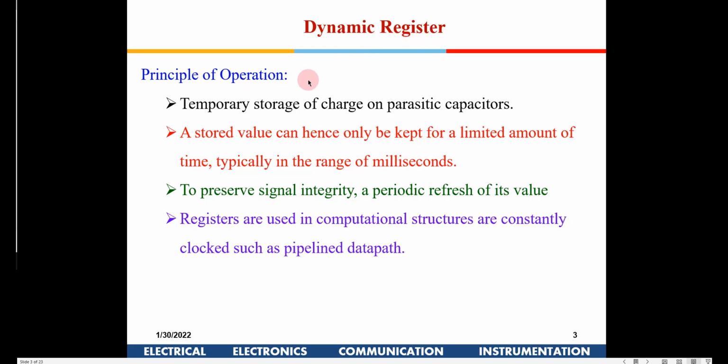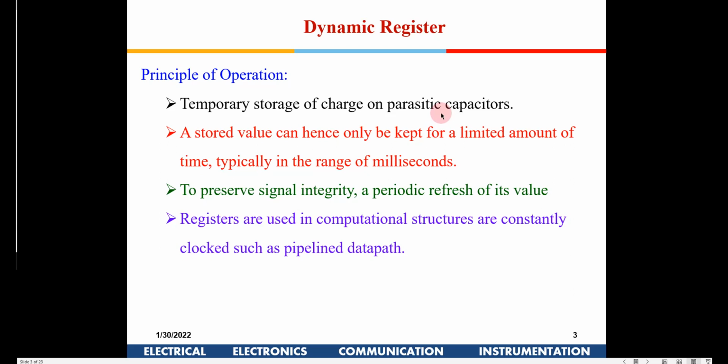In the dynamic register, the principle of operation is temporary storage of a charge on a parasitic capacitor. So there is no latch which permanently stores 0 or 1. It is on the gate of an inverter, whatever parasitic gate capacitance is there.